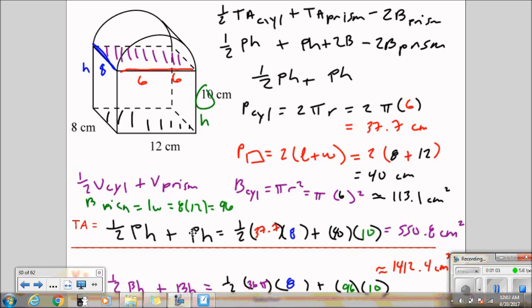As I was saying, the mistake that was made was the formula for the total area of a prism. I'm sorry, of the cylinder.